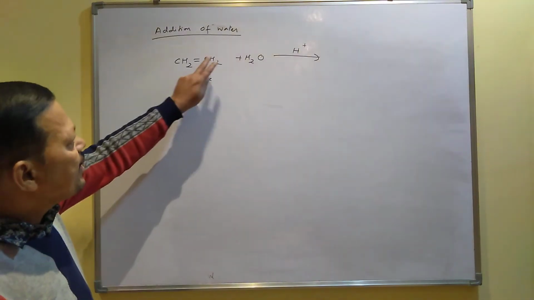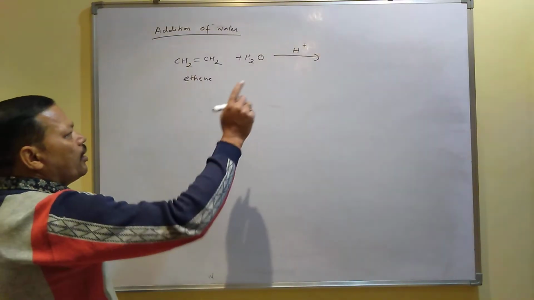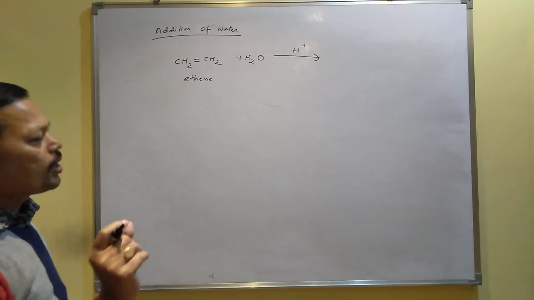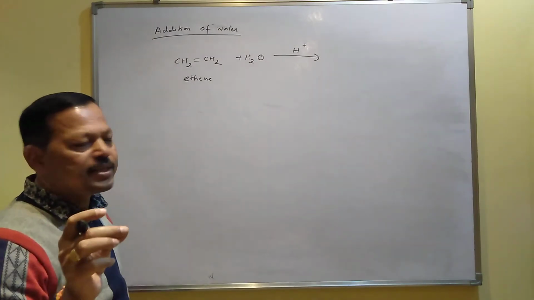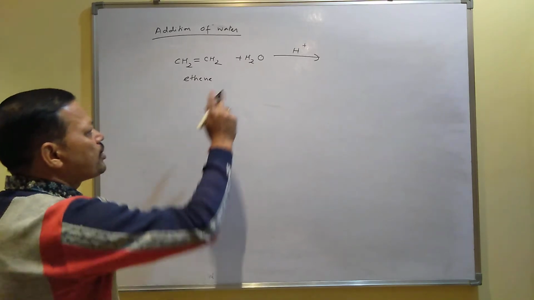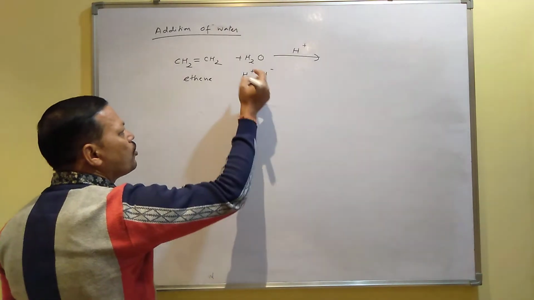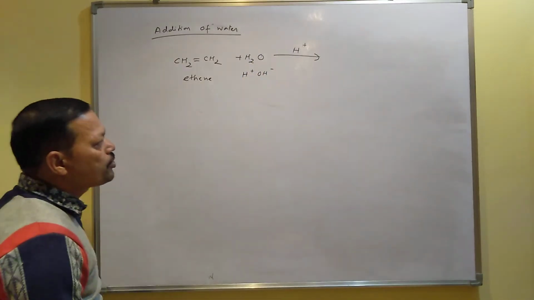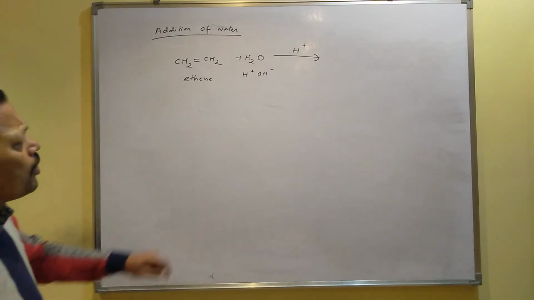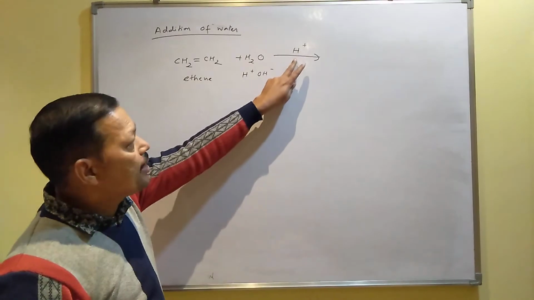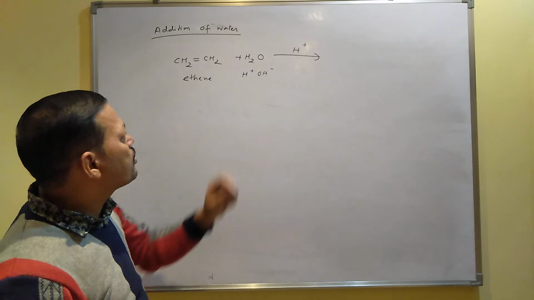So when alkene is added with water in presence of some acid, normally water does not undergo ionization if water is in pure form, but when we apply some acid, base or salt, then water undergoes decomposition and produces H plus and OH minus ion. That is why the H plus ion, the acid, is added for the ionization of this water.